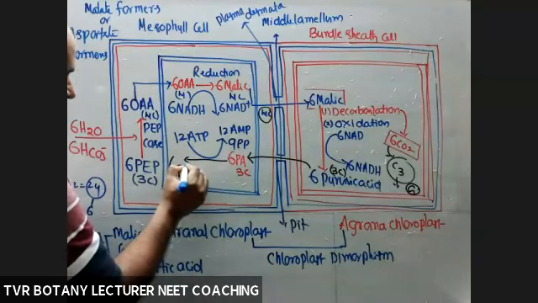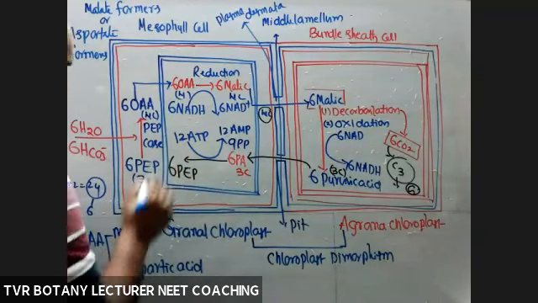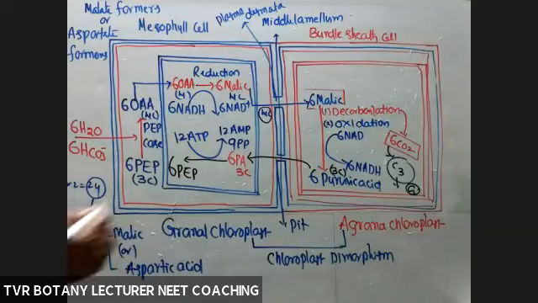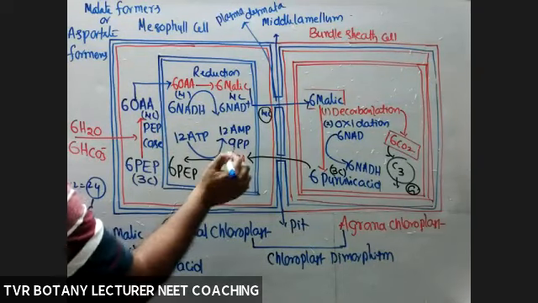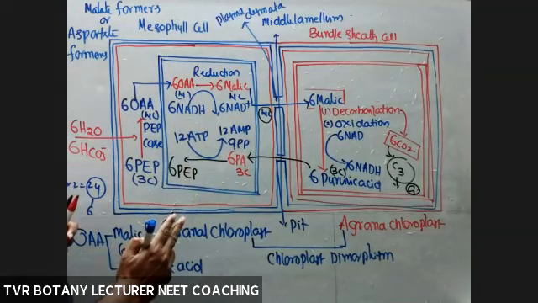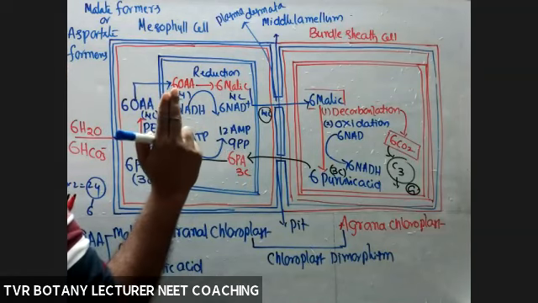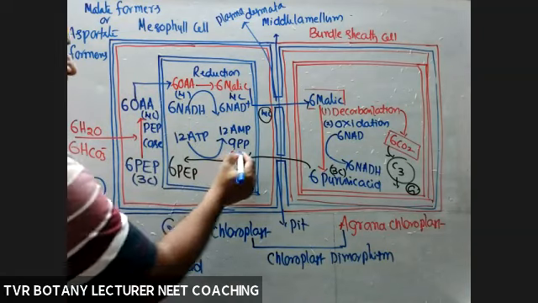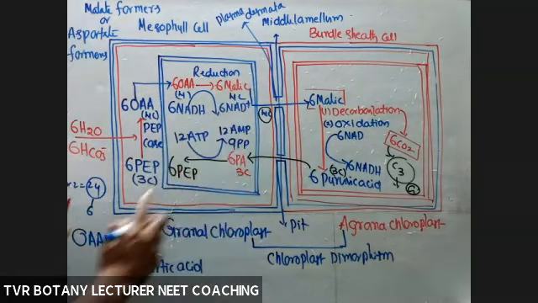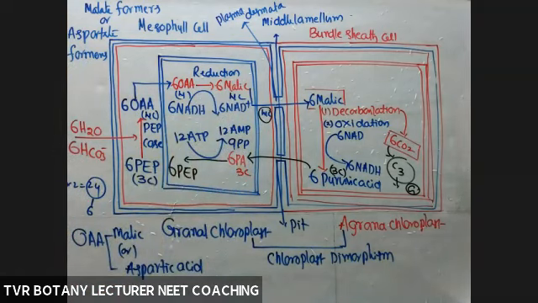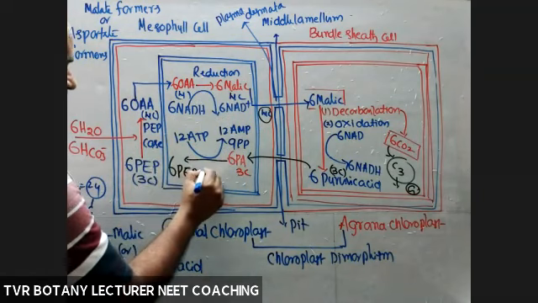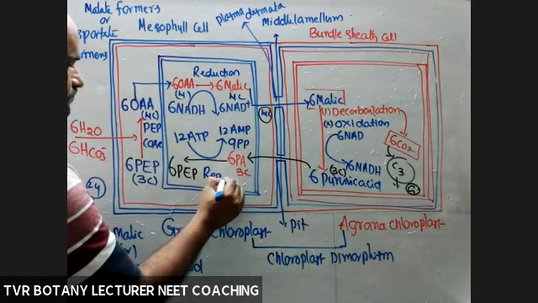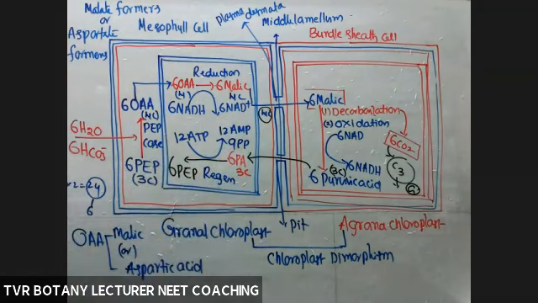So here only 6 inorganic phosphates are added. 9 pyrophosphates means each one with 2 inorganic phosphates linked by a bond. Each pyrophosphate is with 2 inorganic phosphates, right? So this is a regeneration phase, regeneration of PEP, right?